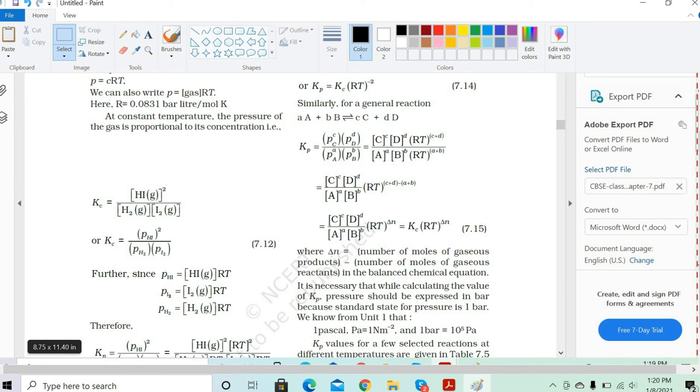Now this is nothing but the concentration only. So we can replace the concentration by pressure, right? So pressure of the HI whole square divided by pressure of the hydrogen into pressure of the iodine. Can I write like this?